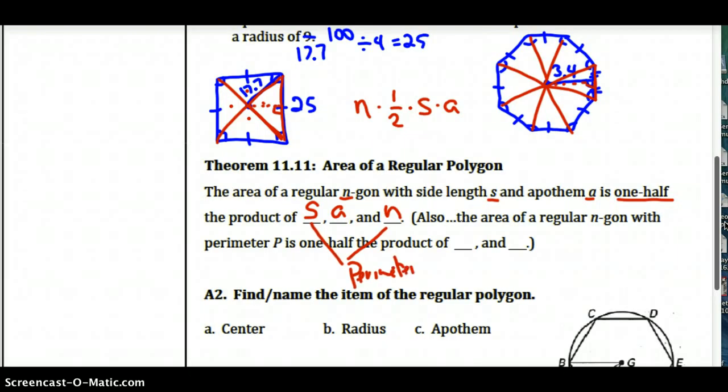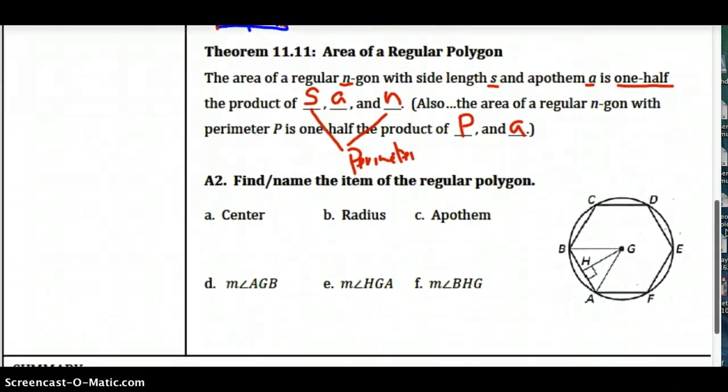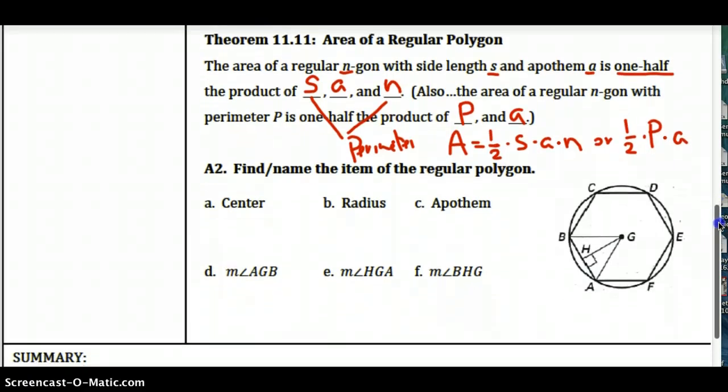So another way is 1/2 of perimeter times apothem. There are two possibilities here, 1/2 SAN and 1/2 PA. So I'm going to write both down: 1/2 SAN or 1/2 perimeter times apothem. Those are the two formulas we're going to be using.